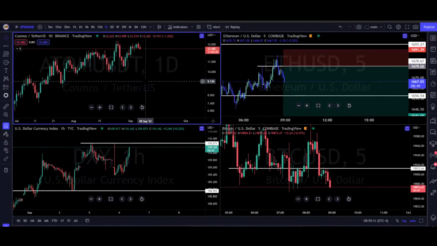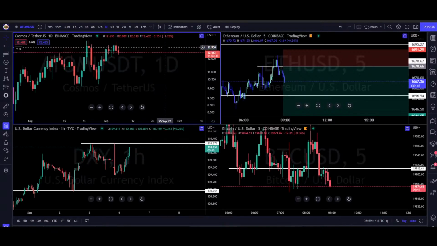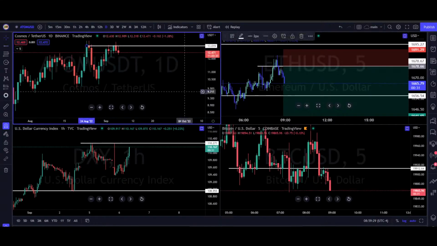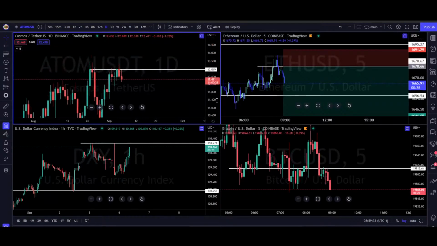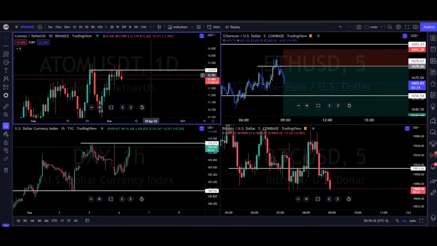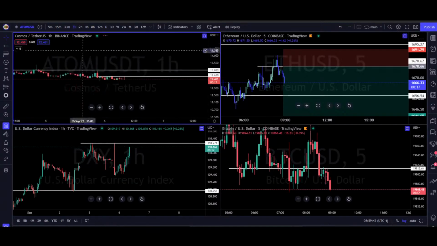Yeah, Atom looks like a decent... You've made this up close candle here. Well, it didn't close above though. It did a little bit, didn't it? That's not the indicator I wanted. You did barely. So, Atom shorts would be the open of today if you were looking for downside continuation.